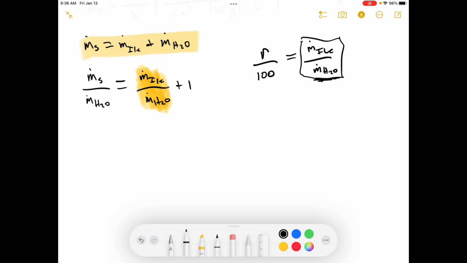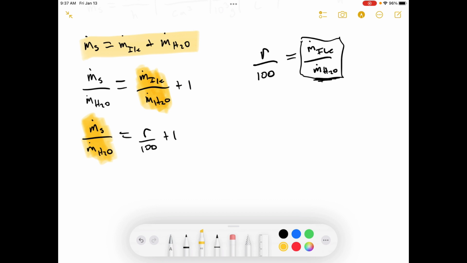Okay, so now we have this number here. If you take a closer look at this, you can see that that's just the inverse of the mass fraction of water. So you have a certain amount of water in the stream, and then you have the total flow of the stream, and we have the reciprocal of that.